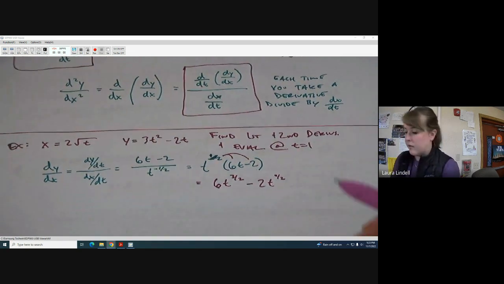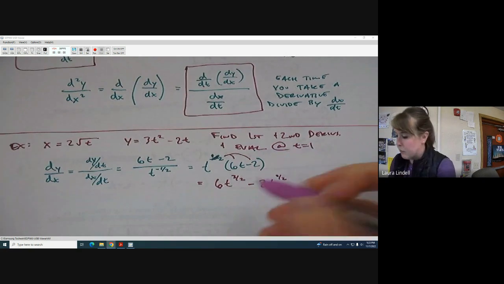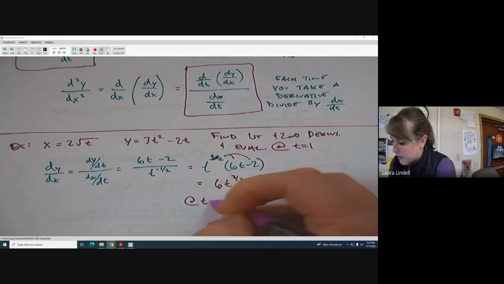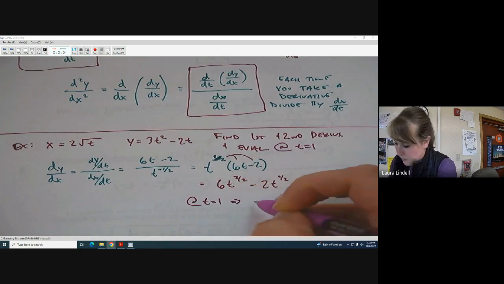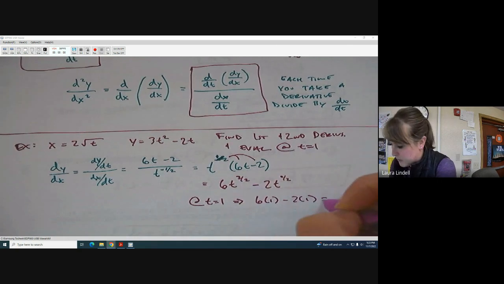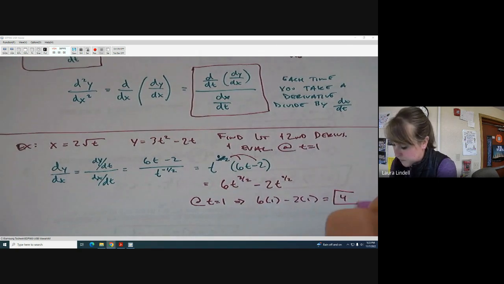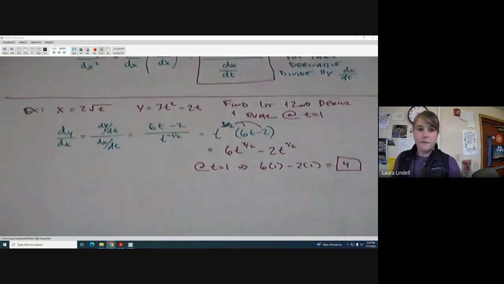So we found the first derivative. It asks us to evaluate it at t equals 1. Well, that's just going to be 6 times 1 minus 2 times 1, which is 4. Okay, so there's the first derivative.